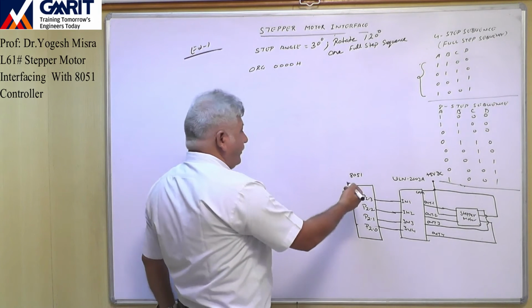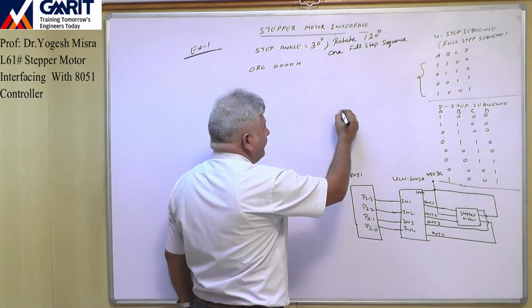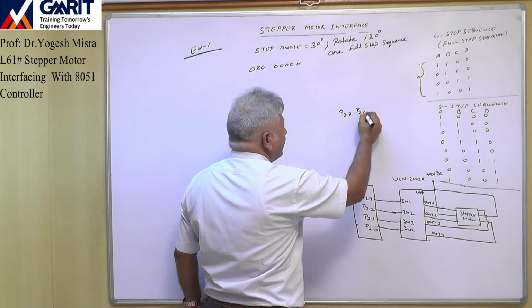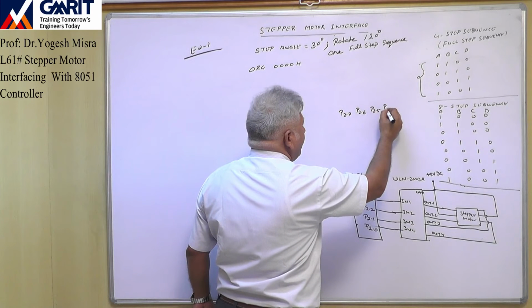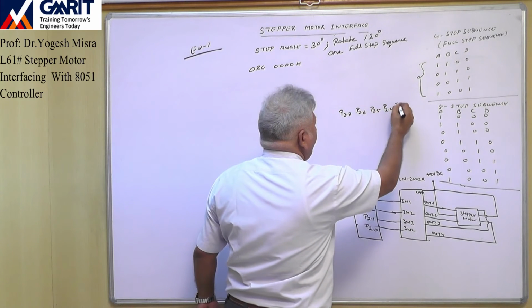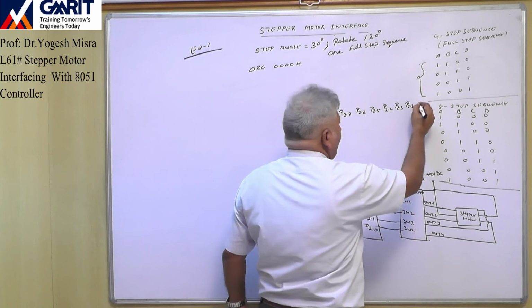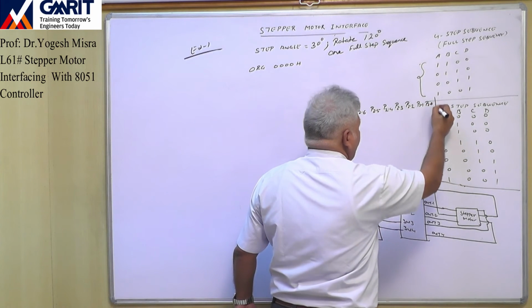In port 2, we know that there are 8 pins: P2.7, P2.6, P2.5, P2.4, P2.3, P2.2, P2.1 and P2.0.